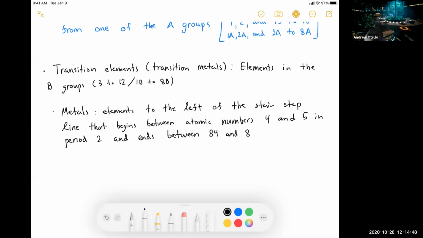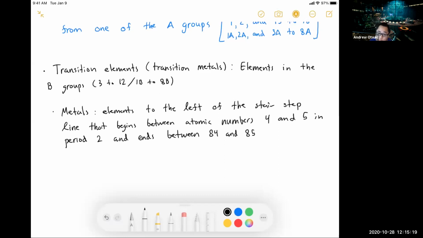So let's revisit our periodic table. Let's share that screen. So you see here my staircase in bold and red font.